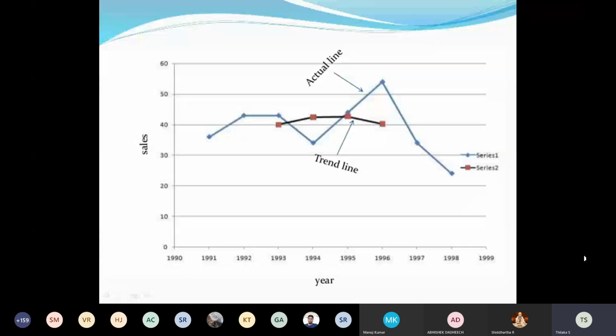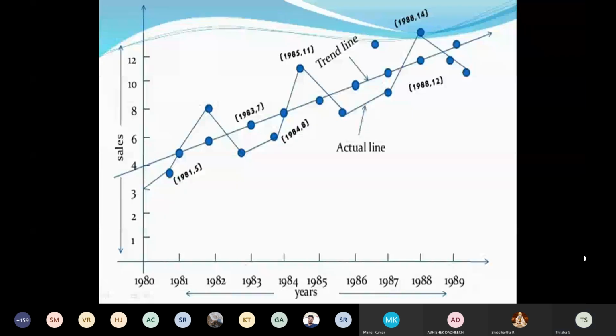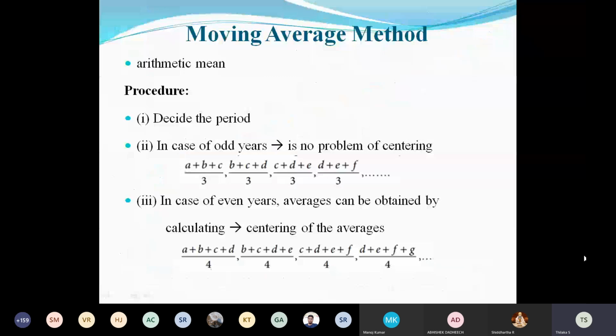Okay. So how should you do it for 5 years, that is, a 5 yearly moving average? The same procedure has to be followed. In point 2, how to calculate the moving averages for 3 years was given.